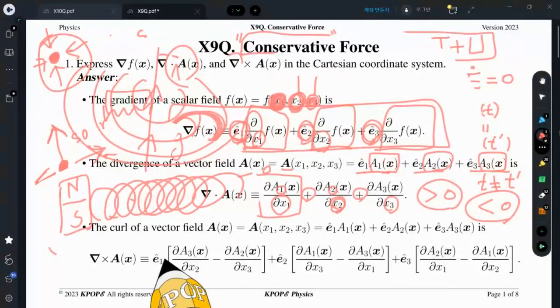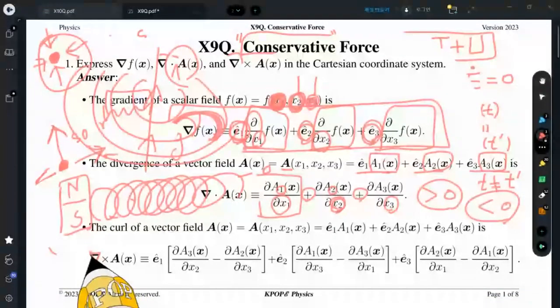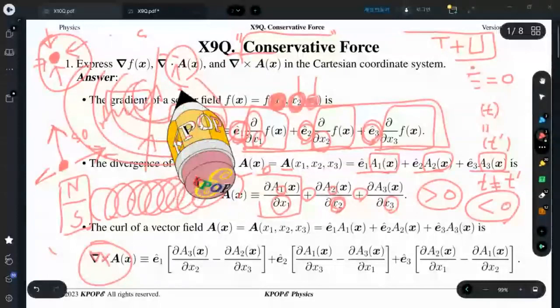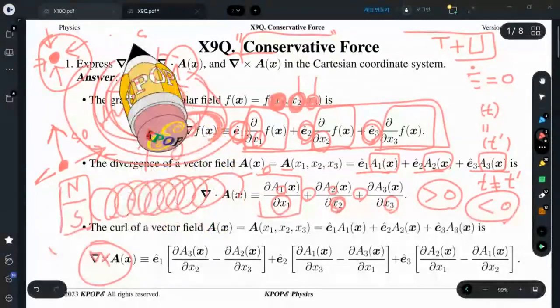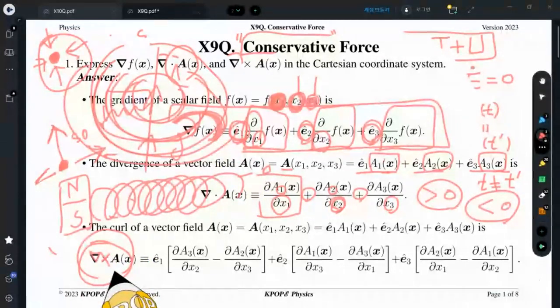Okay? So curl, this strange symbol, this delta cross vector field. This one shows that this curly field is generated if this curl is non-zero.